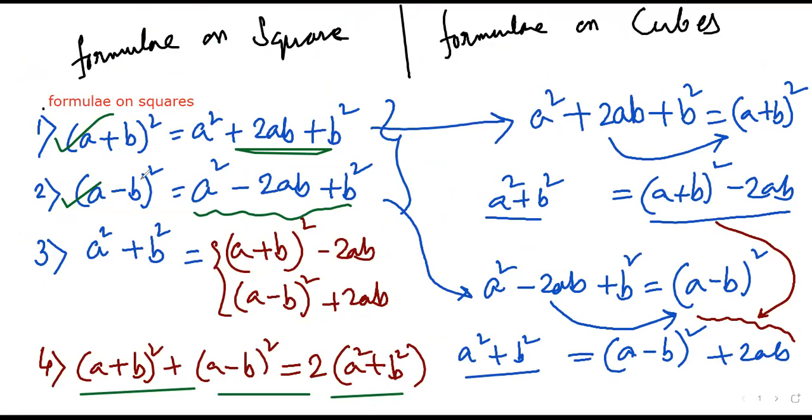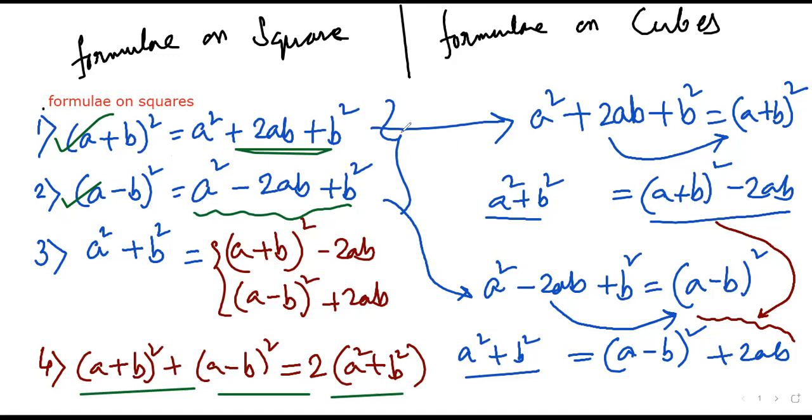Number one, a plus b whole square is equal to a square plus 2ab plus b square, and then a minus b whole square is a square minus 2ab plus b square. And just try to remember the differences between these two formulae. So the minus symbol before 2ab, and other terms remain the same.